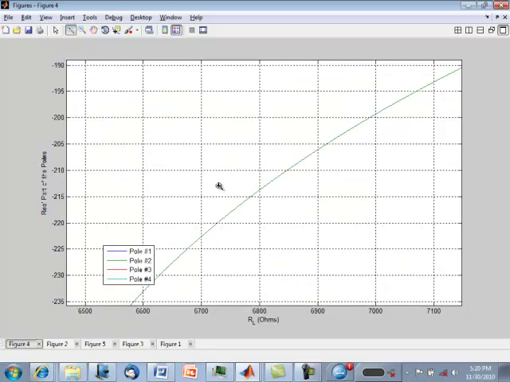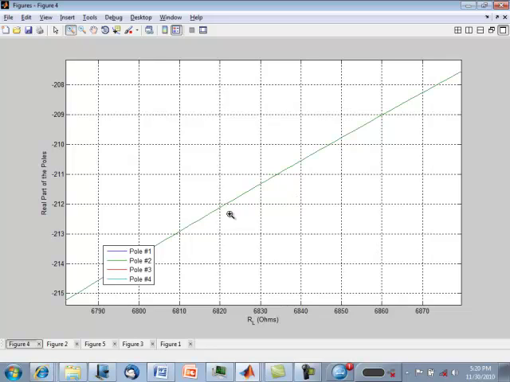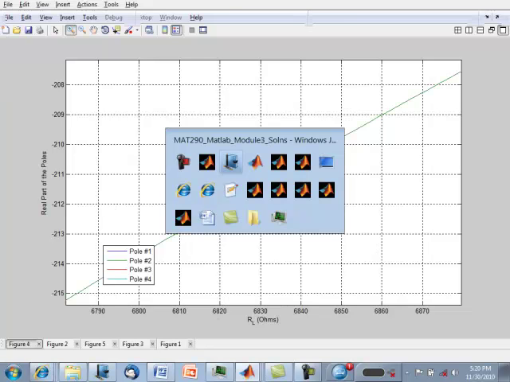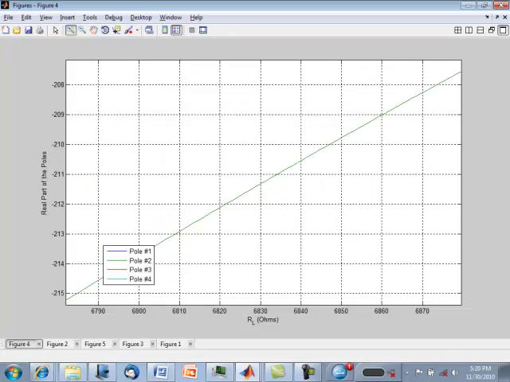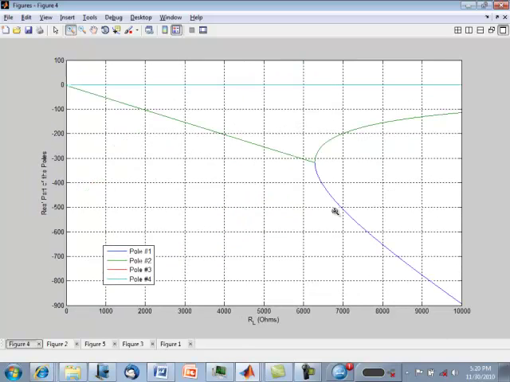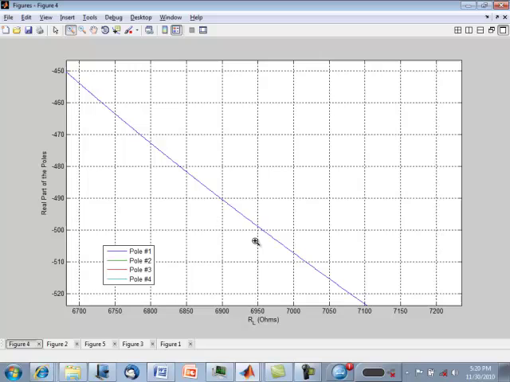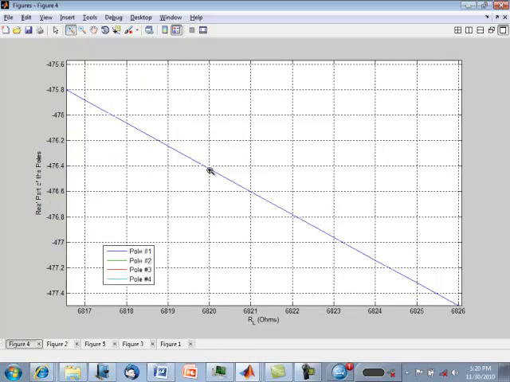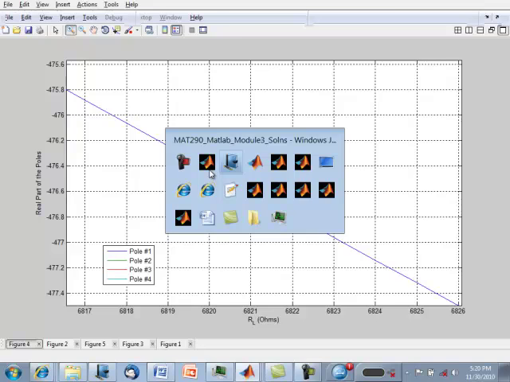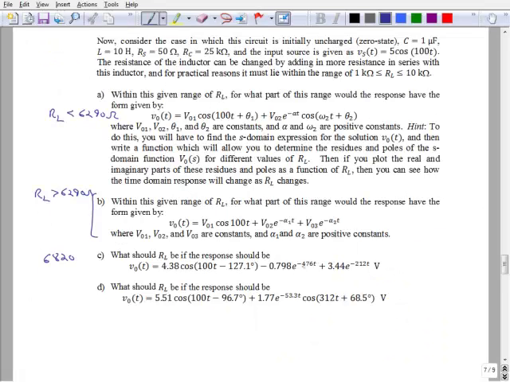And the residues can be found by looking at how they change with this RL. We can look at the real part and the imaginary part of the residues and consider that when the resistance is 6,820, one residue is minus 0.8, and the other residue is about 3.44.